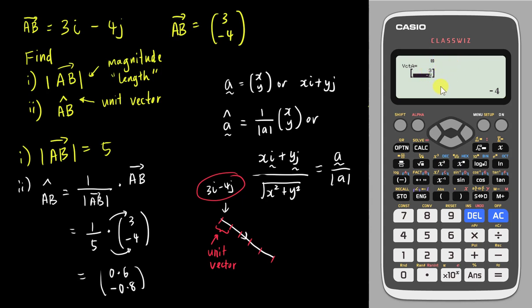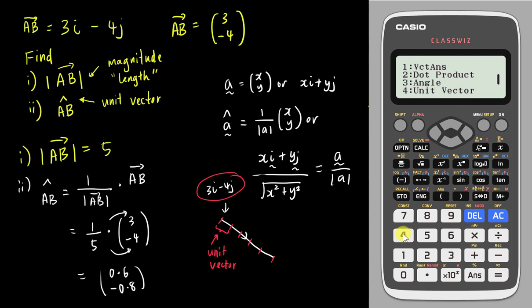What I want to do next is tell the calculator, please help me calculate the unit vector for vector A. So this is what you need to do. You type option and then go for the vector calculation, which is 3 here. Then you type option again and go down. You should be able to see the words unit vector.